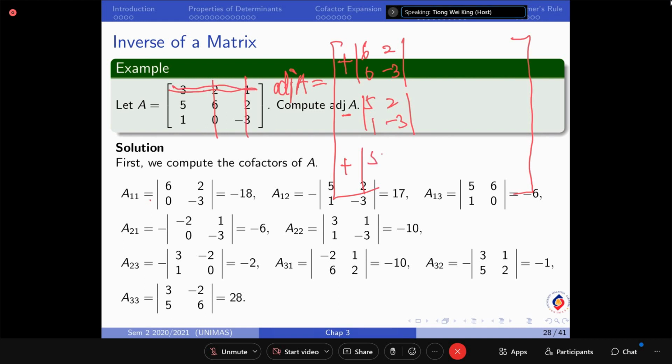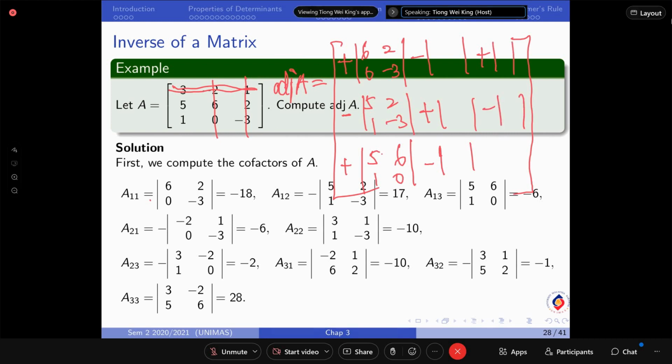You get 5, 6, 1, 0. And so on. They straight away put everything in matrix form, which is quite good for some. You don't get confused. Like this is okay, and the rest you just fill in.